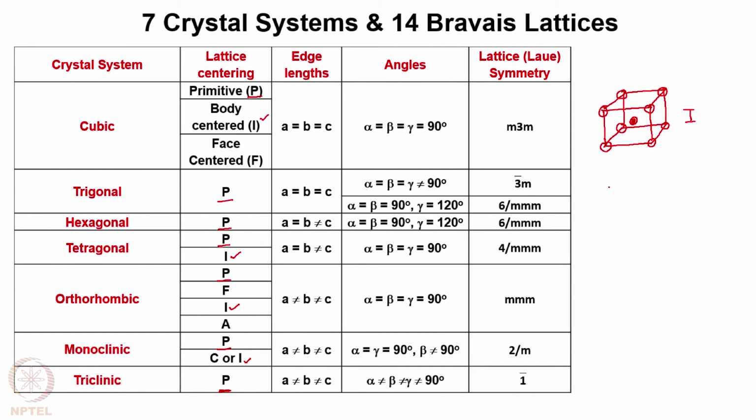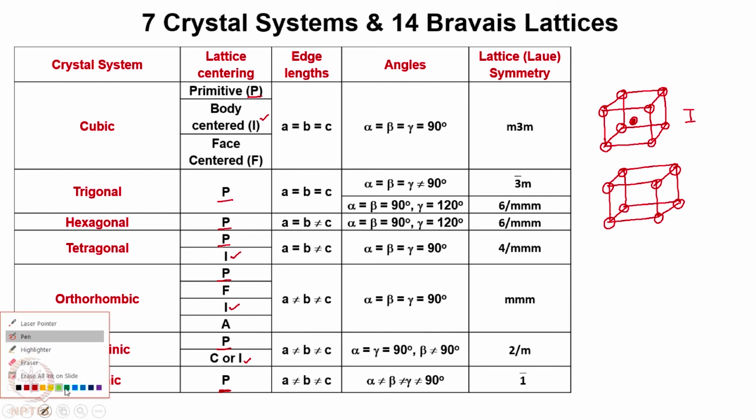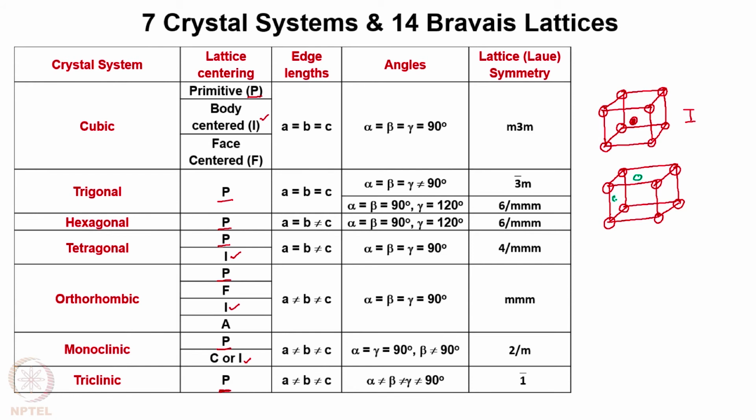The next type of lattice that one can think of is a face centered lattice, which actually means that along with the 8 corner atoms, what we have are atoms at the faces of every side.